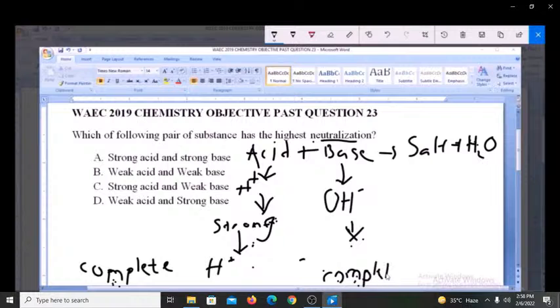So for a weak base, there is partial dissociation and fewer hydroxyl ions are liberated.